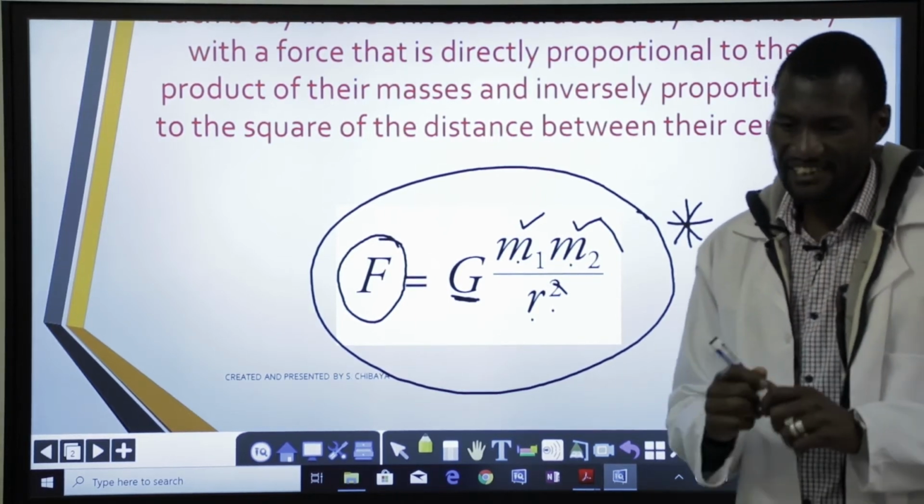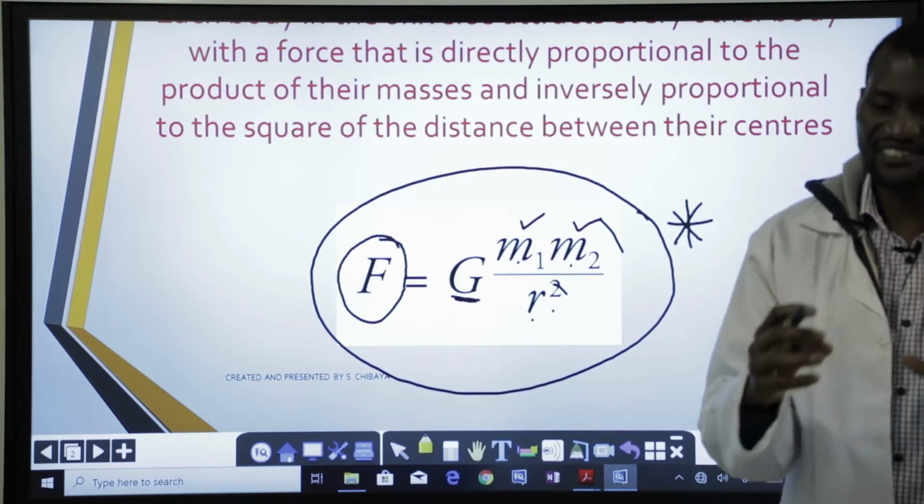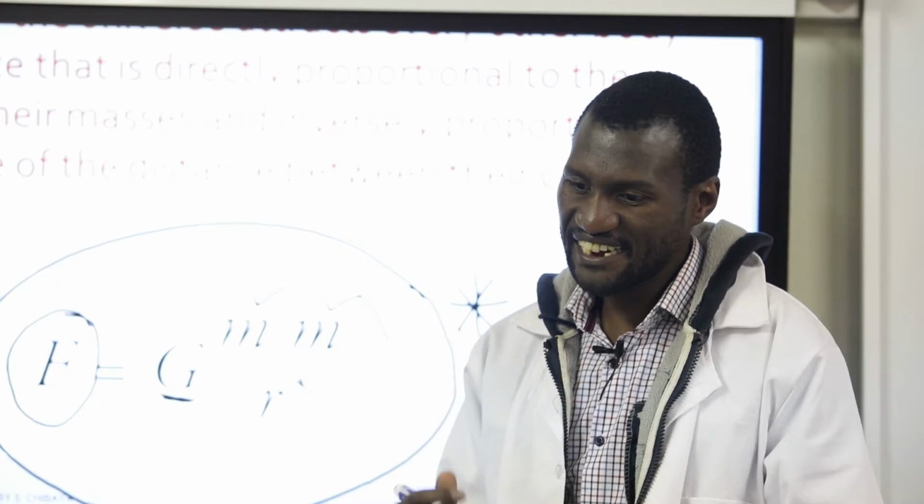Each body in the universe attracts every other body with a force that is directly proportional to the product of the masses and inversely proportional to the square of their distance.